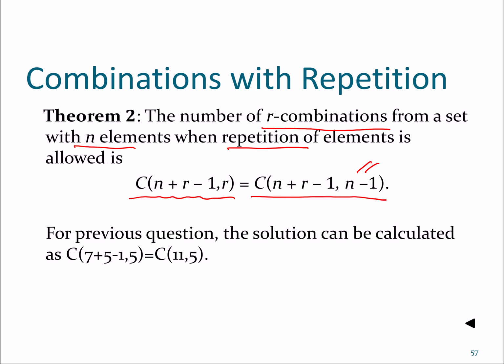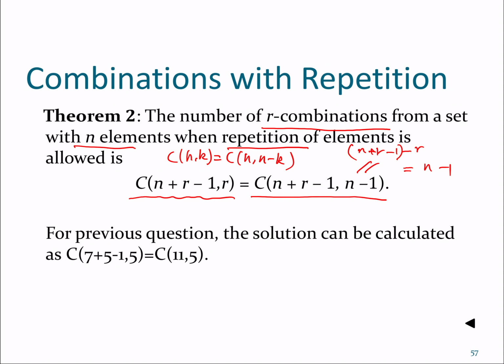This is because, using the corollary in combinations, n plus r minus 1 minus r is equal to n minus 1. Because C(n, k) is equal to C(n, n minus k), by using this corollary you can prove this.